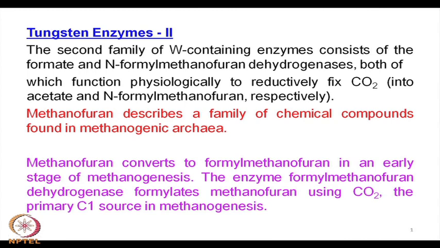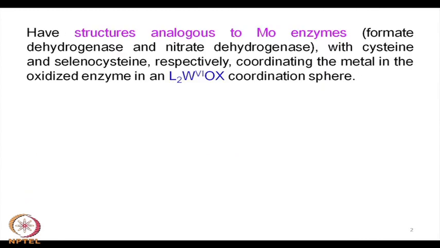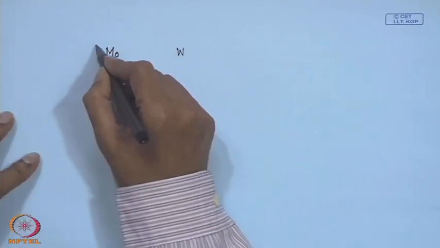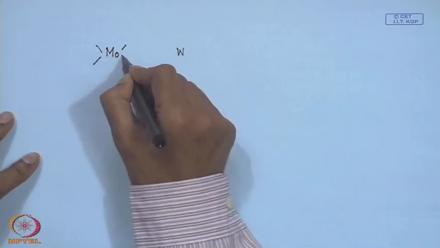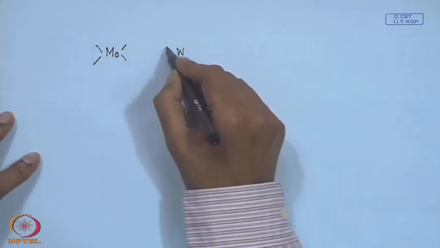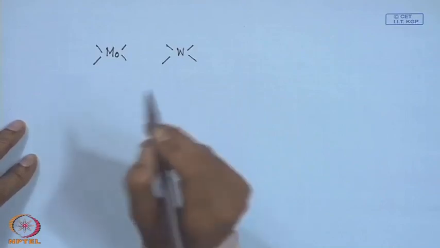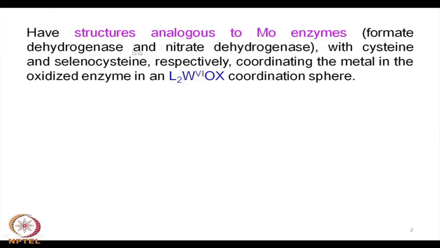So, we basically fix the carbon dioxide molecule to some useful organic substrate, and all these molecules, like these methanofuran derivatives, are structurally analogous, because whenever we study these tungsten sites, all the time we try to compare them side by side with our molybdenum site. So, this is very much similar to the well known and well established molybdenum site for formate dehydrogenase and nitrate dehydrogenase.